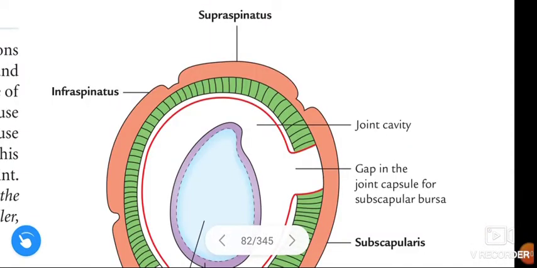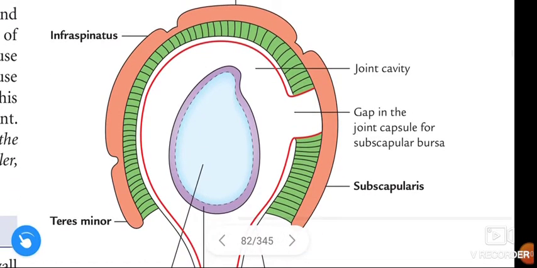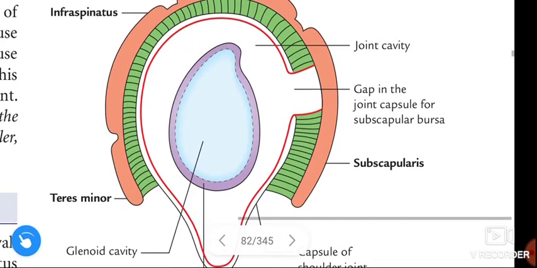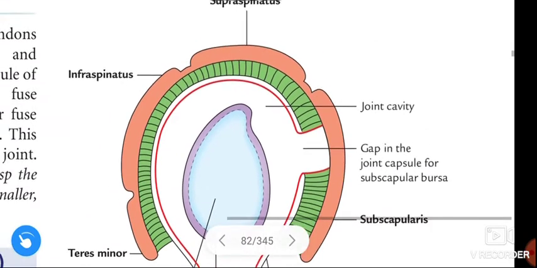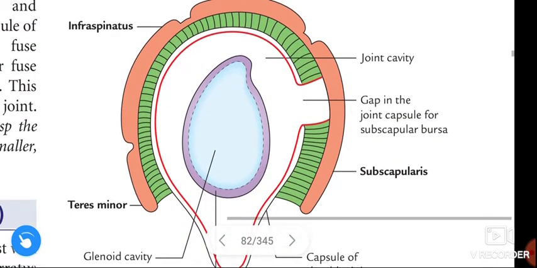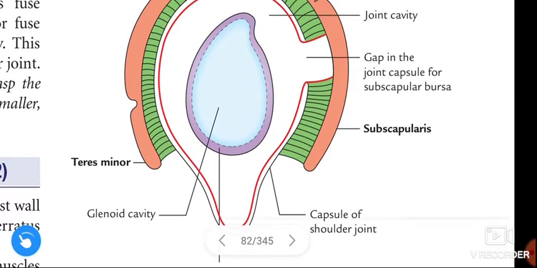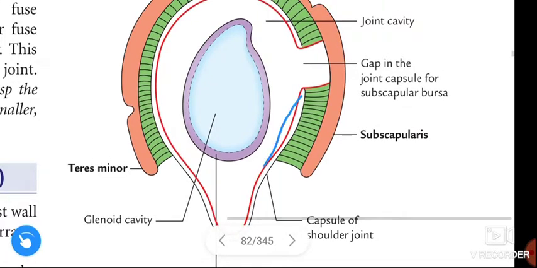See this figure, guys. This figure shows the rotator cuff. The tendons of the supraspinatus, infraspinatus, teres minor and subscapularis fuse with the underlying capsule of the glenohumeral joint, or shoulder joint.